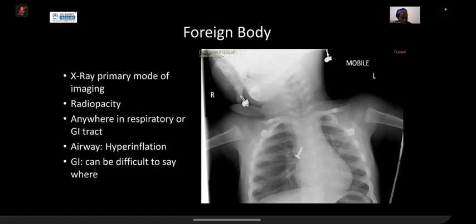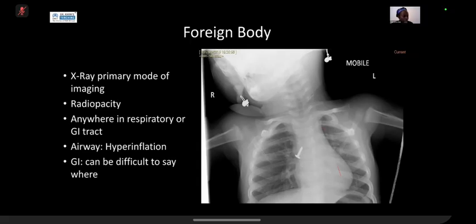So doing the lateral confirms whether you have multiple or a single magnet. And because magnets like to attract each other, they try and join through the bowel wall, and they can lead to perforations. So it's important that you identify if there's more than one magnet, because it changes how they manage the patient.